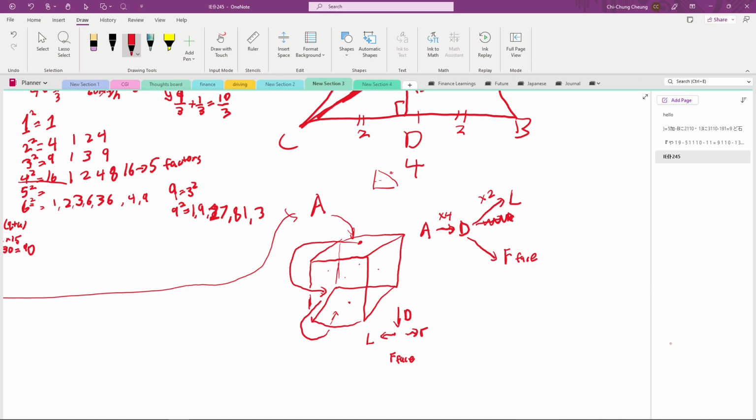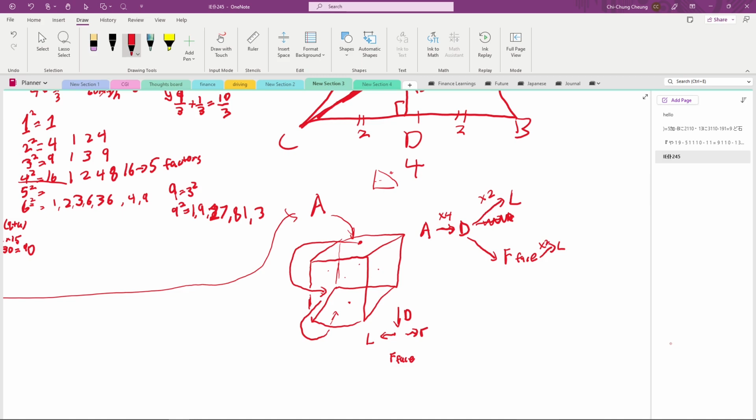So you still have that face, and that face. You can either go left or right. They're equivalent, so remember there's a times 2.